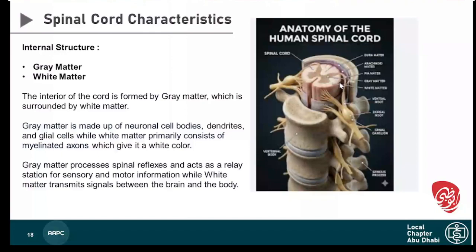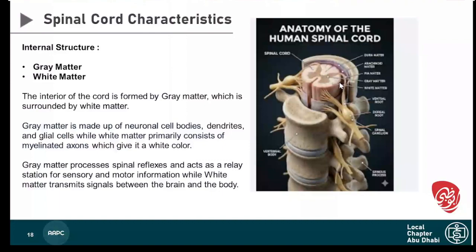Within the spinal canal, a cord-like structure extends from the lower part of the brain till the lumbar region. It is known as the spinal cord. It is made up of nervous tissue, and it acts as a communication pathway between the brain and the body. This spinal cord is protected externally by the spinal meninges, a 3-layered membrane covering: dura mater, pia mater, and arachnoid mater.